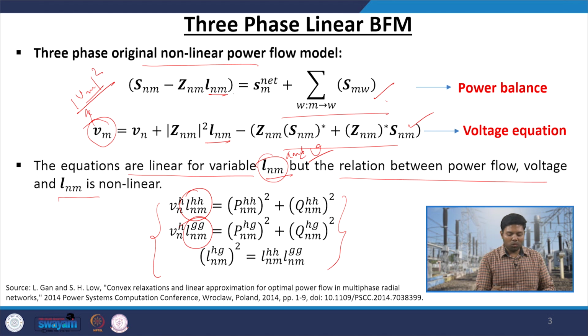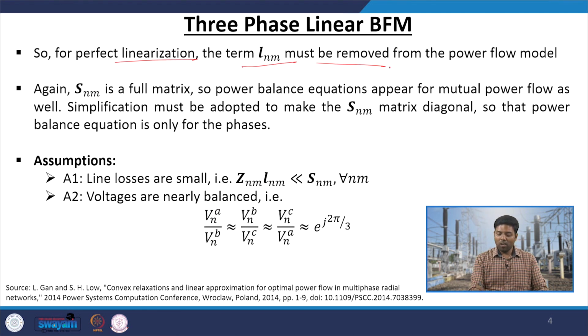To establish what l_nm is, you have to take these three equations. If you can get rid of this disturbing element from your equation, then your power flow model will become completely linear.